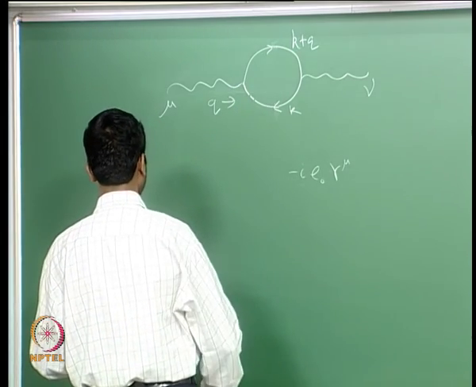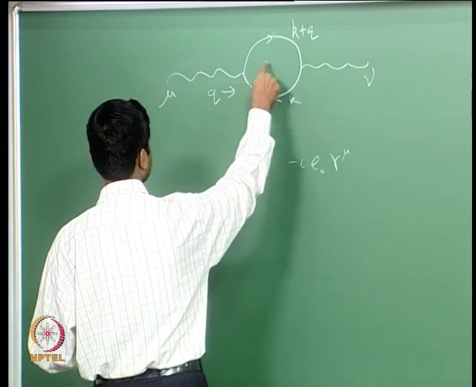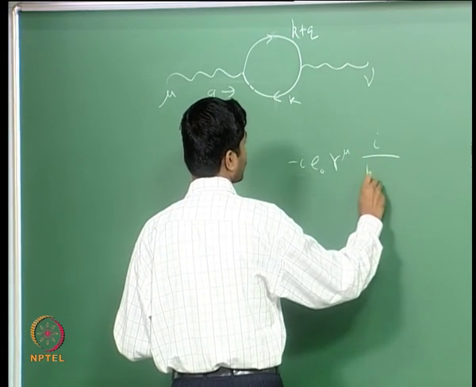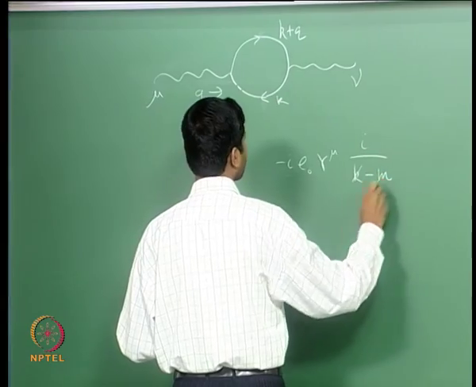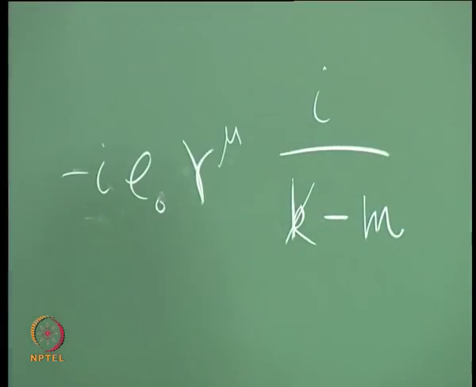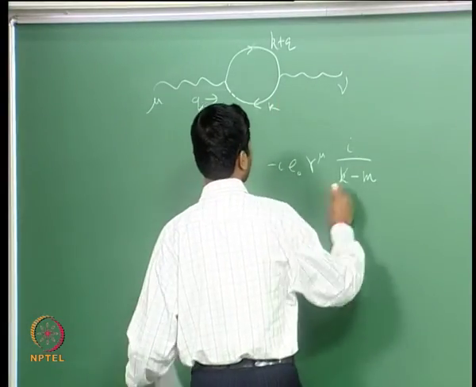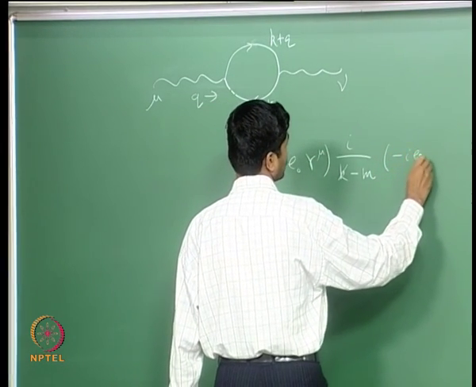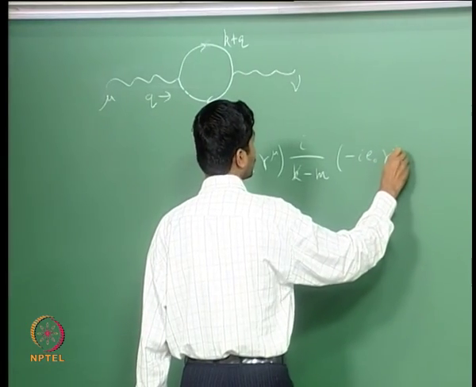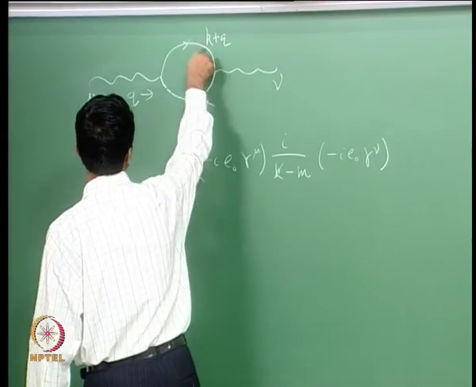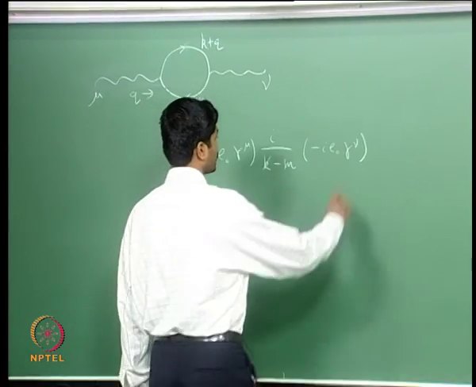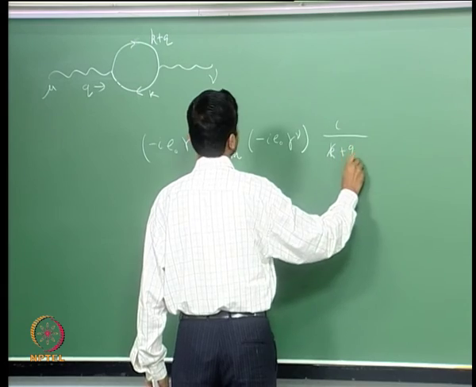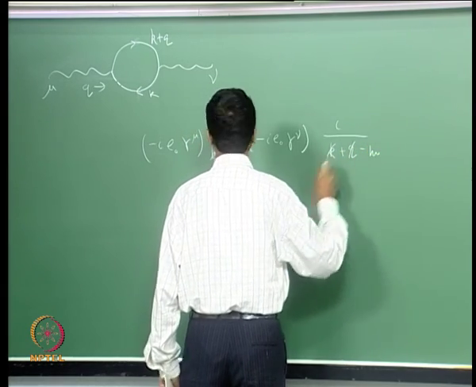Then you have a fermion propagator which goes like i divided by k slash minus m, and for this vertex again you have a factor of minus i e0 gamma nu, and for this fermion propagator it is i divided by k slash plus q slash minus m.